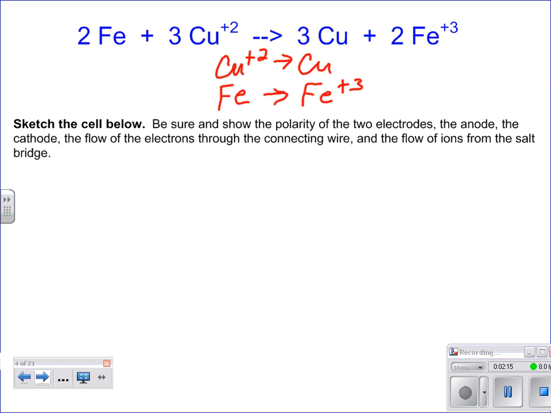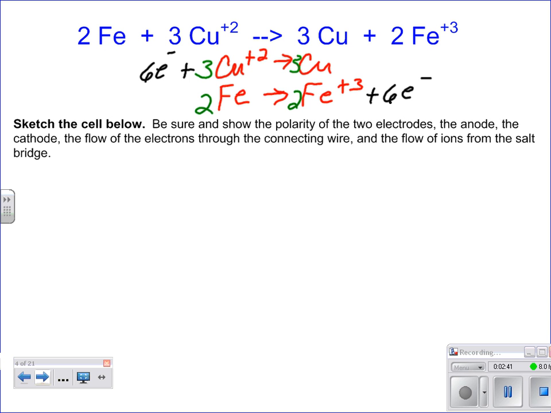When we balanced this, we had a 3 here and a 3 here, and a 2 here and a 2 here, which meant we had 6 electrons for the first one and 6 electrons for this one.